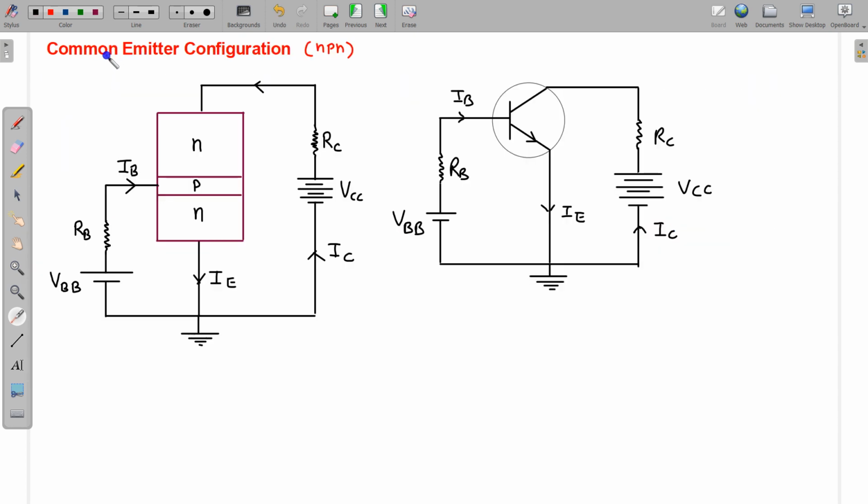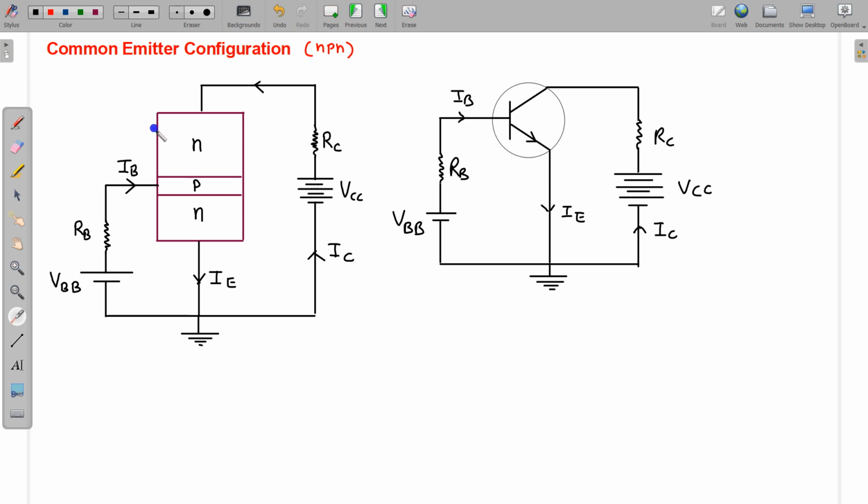Now let us take the common emitter configuration, and the transistor we are taking is NPN. We can make the circuit diagram like this. In this I have just shown the NPN transistor like a block, and in this diagram I have used the circuit symbol of the NPN transistor.